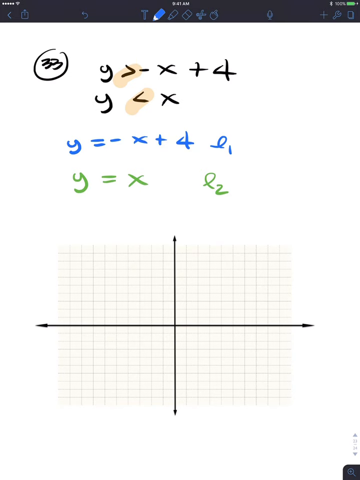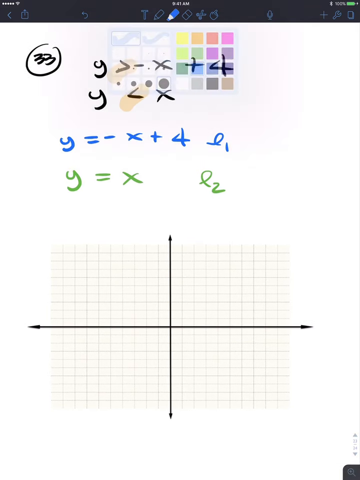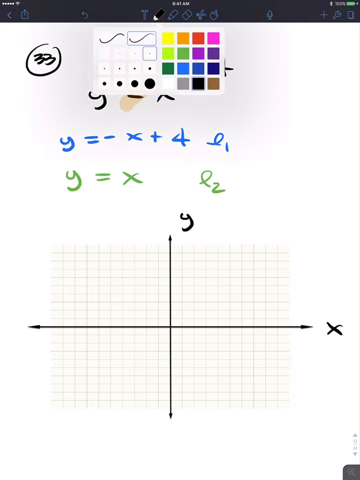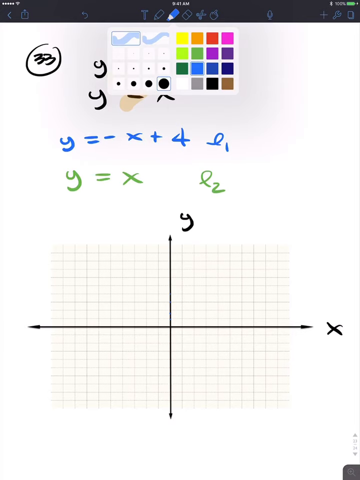Now when I graph the blue line, and again it's going to be dotted, remember that it has a y-intercept at positive 4. So if we label our axes, x-axis, y-axis, at positive 4, we count 1, 2, 3, 4.